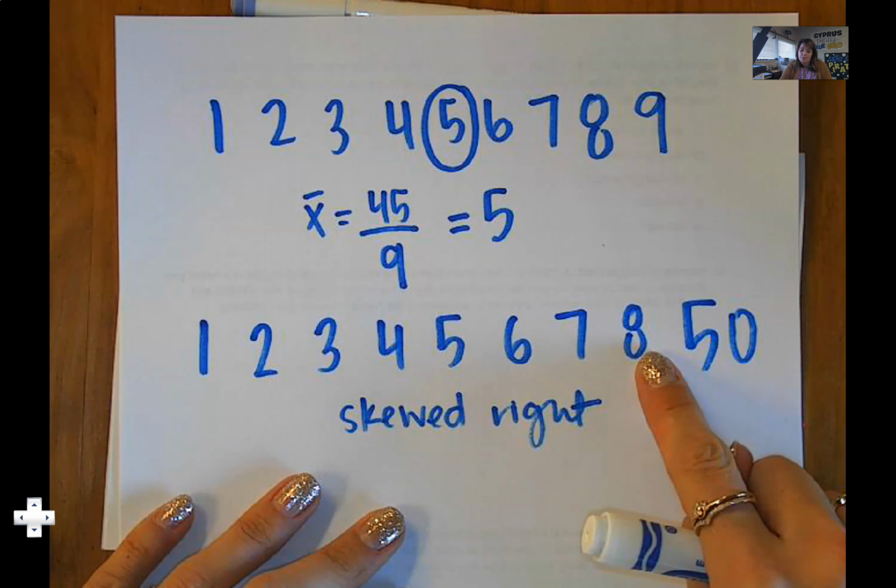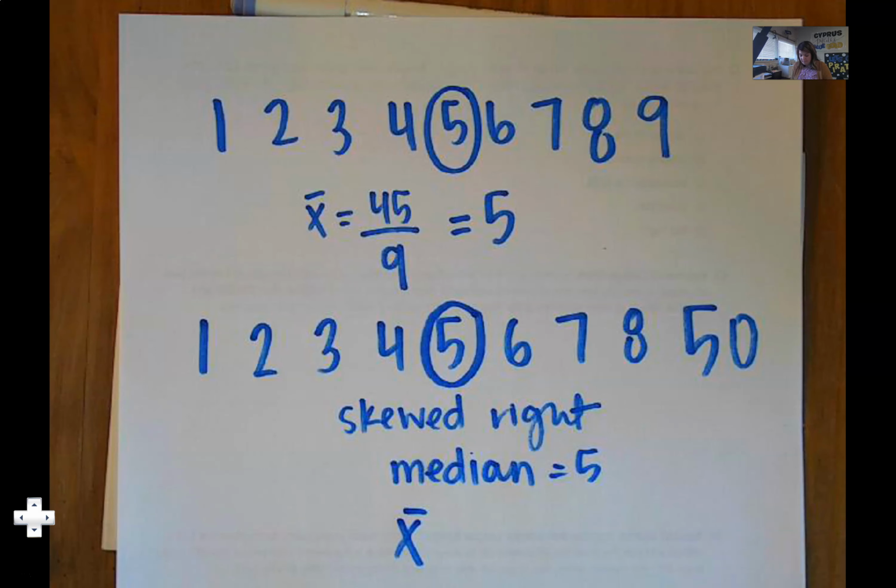So I calculate the median and notice it is exactly the same. It is still 5. But if I recalculate the mean, instead of it being 5, it is now 9.6.